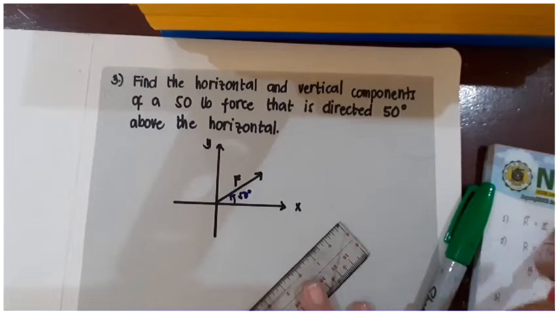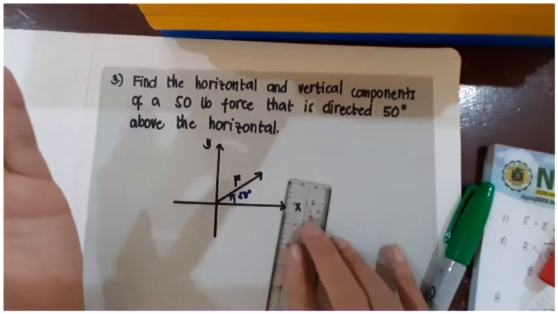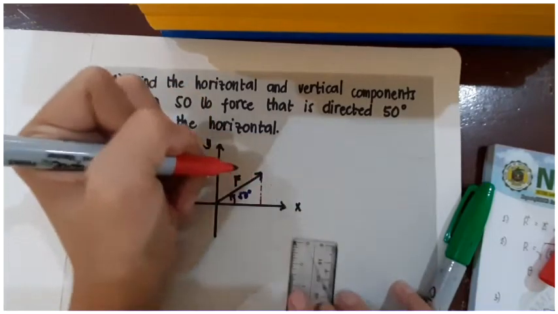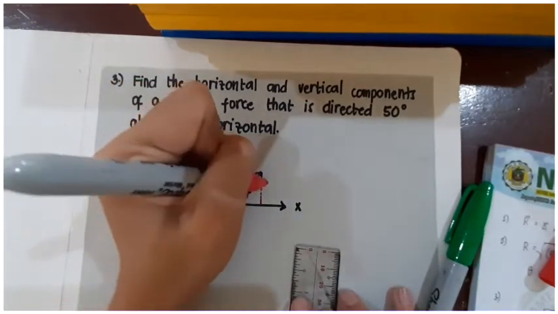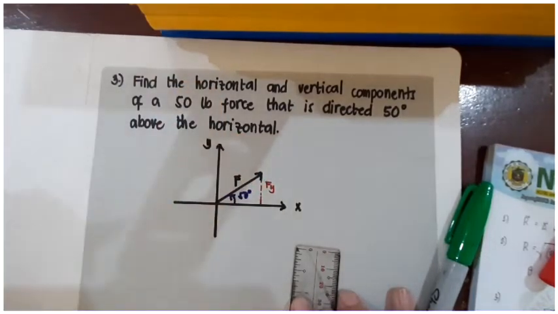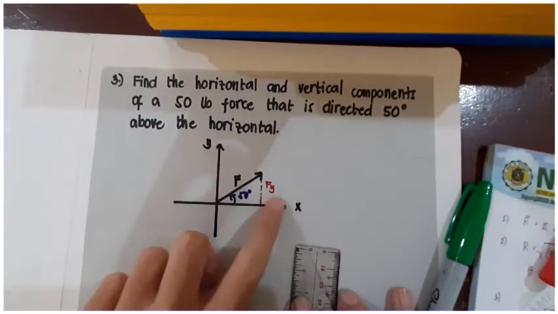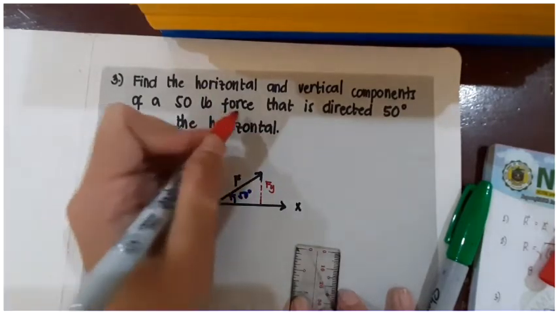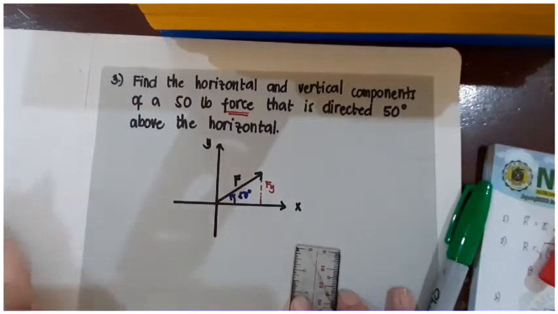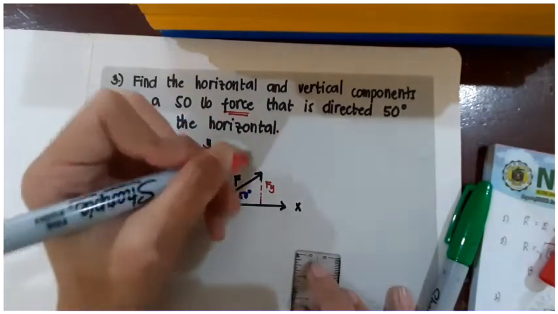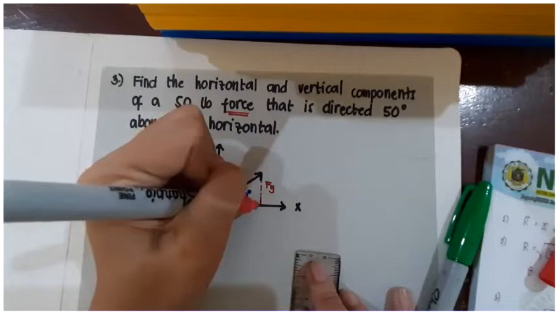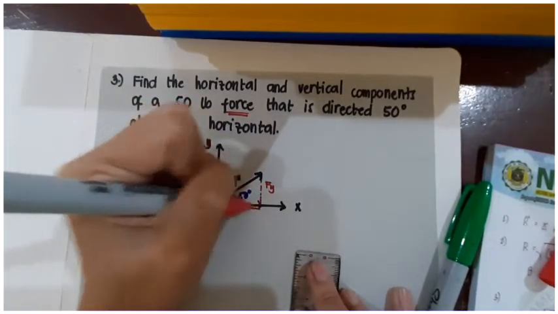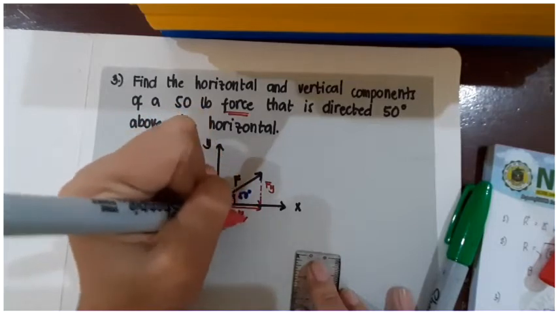Now we are going to look for your horizontal and vertical components. Ito si vertical components na tinatawag. In this case, we'll call this Fy, vertical component or Y component of your F. Bakit F yung tinawag natin? Kasi we are talking about force. Now, your X component here or your horizontal component is this one. This is your Fx.